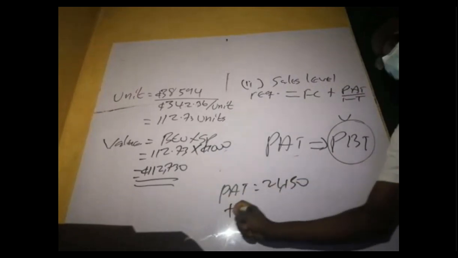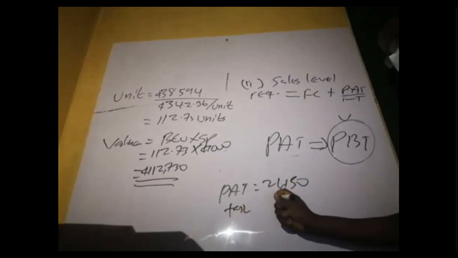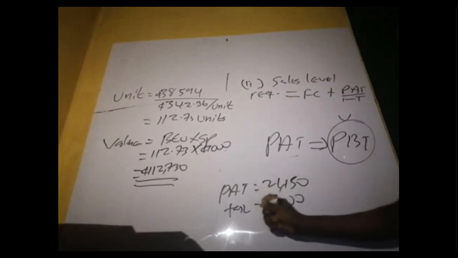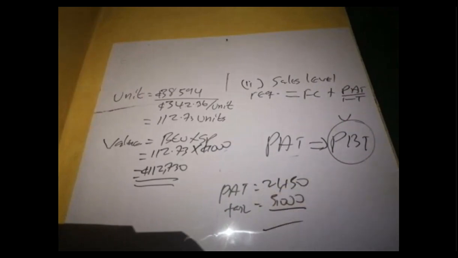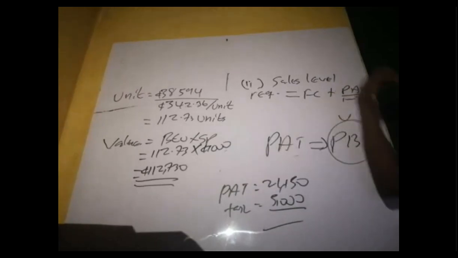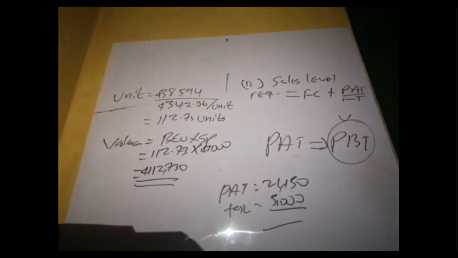If the income tax is, let's say, 5,000 in monetary version, what do you do? I will just add them. Just add back the tax to the profit after tax to get the profit before tax. So if it was given to us in monetary version, you add back.